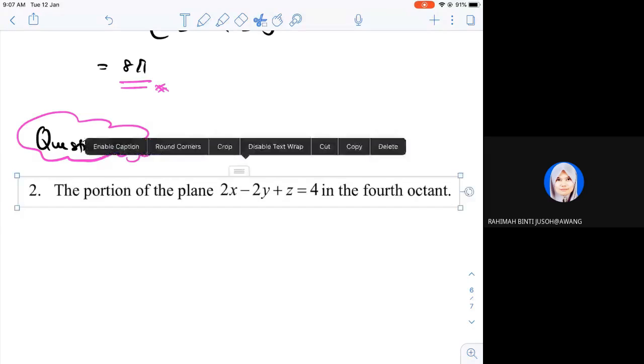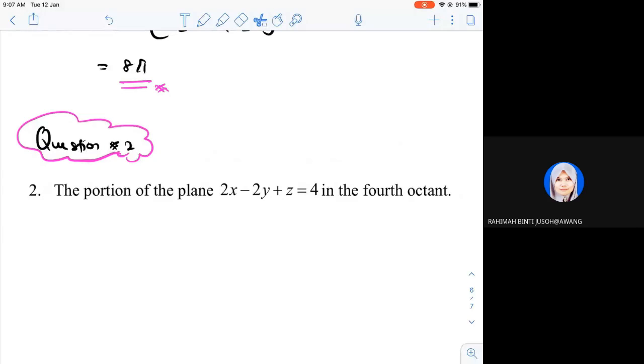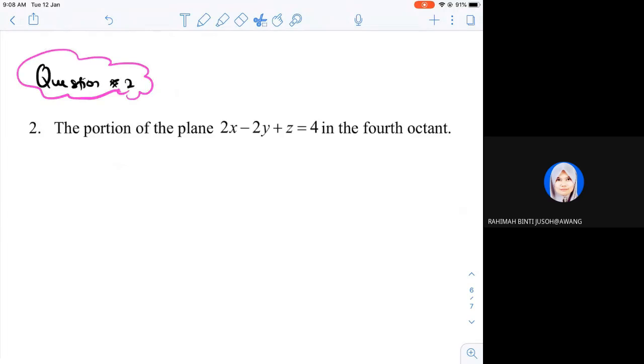We have the portion of the plane 2x minus 2y plus z equals to 4 in the fourth octant. Okay, kalau kita lukis 3D lah graf ni. Macam biasalah kalau soalan surface area, kalau dia tak suruh lukis 3D tak payah lukis guys. Saya buat ni just untuk you faham lah konsep keseluruhan objek tu macam mana. Okay, kalau dia tak suruh lukis, you tak payah lukis lah.